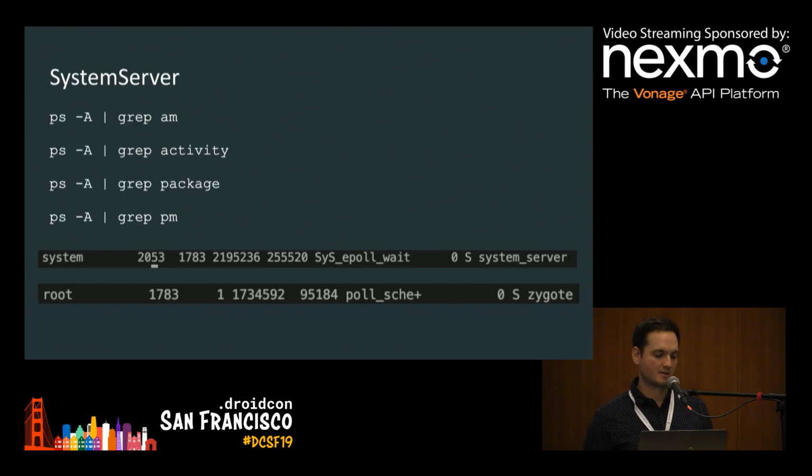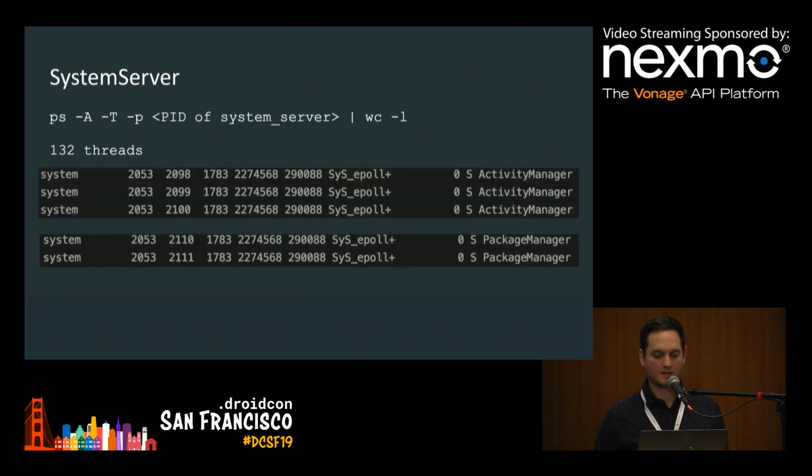These system services like activity manager, package manager and all the others are exposed through system server, so they're all running in the same process. And the interesting thing is that if we look at threads, we may find out that system server runs on 132 threads. So all of the 165 system services are running on 132 threads.